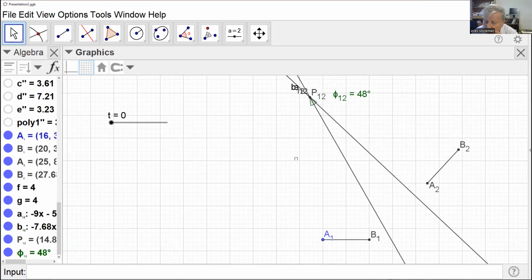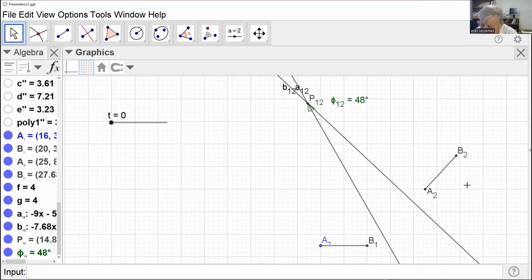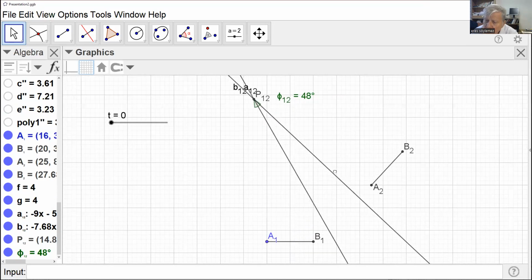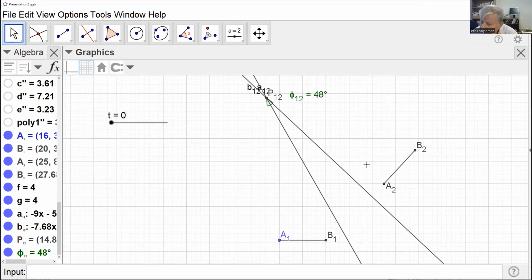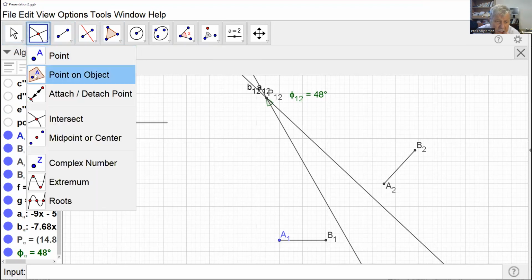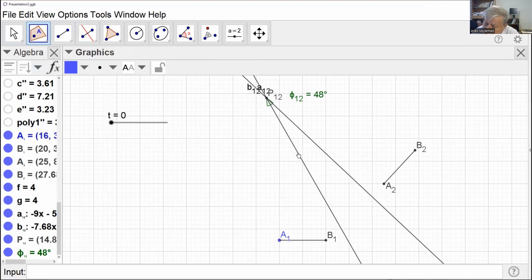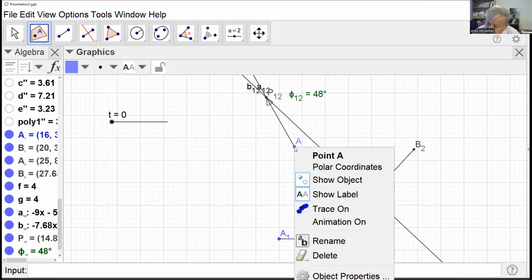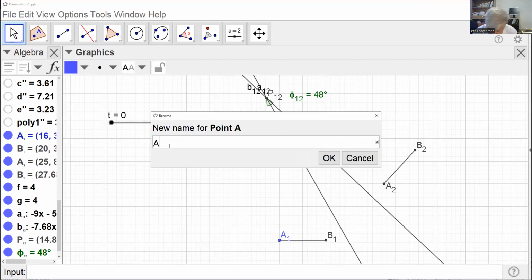I have determined the pole and the rotation about the pole. These are my perpendicular bisectors. Now, if I cannot rotate about P12, what I can do is pick up a point on A12, insert a revolute joint to the fixed link, and rename it as A0.